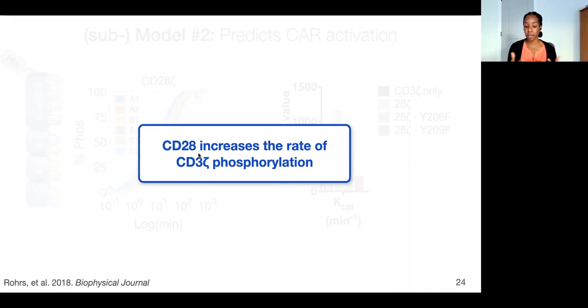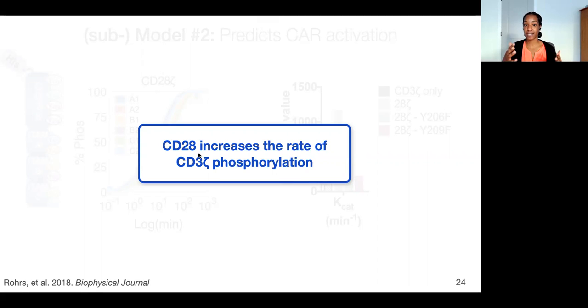And so maybe a potential explanation for this is a physical interaction. The presence of that co-stimulatory domain recruits more of LCK to be closer in proximity to the CD3 zeta sites, and that is a mechanism potentially for increasing the phosphorylation rate of the sites on CD3 zeta. But one thing to note here is that this level of detail really hadn't been explored prior to our work in this area.